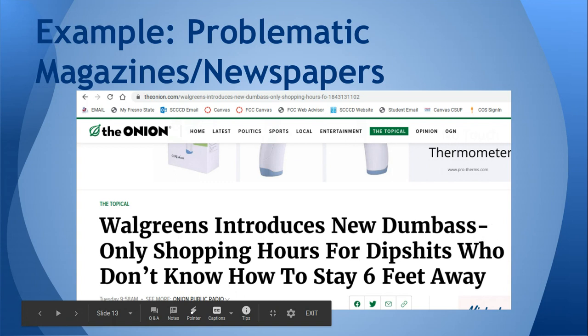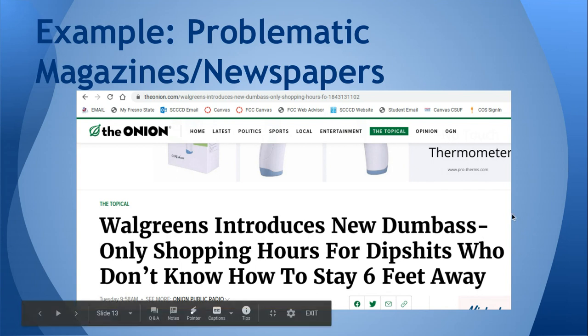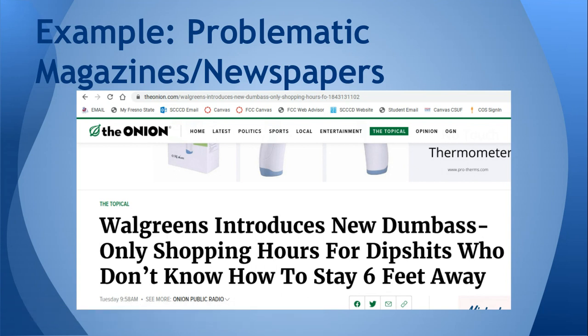But sometimes, and I've had it happen, students use these as regular sources because they didn't notice that this was a satirical piece, right? This person's actually joking and they're making points, but they're using satire to do it. So just make sure that you check out the magazine or newspaper article that you're thinking about using before it makes its way into your essay.